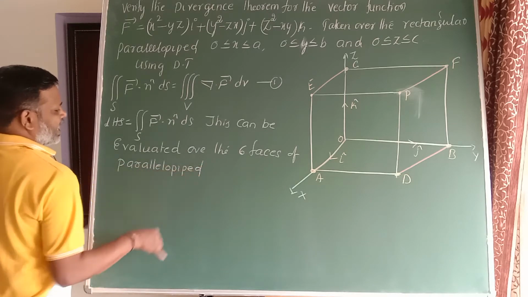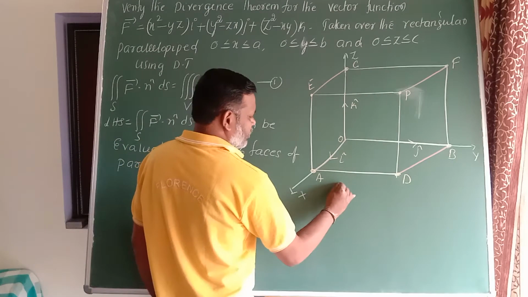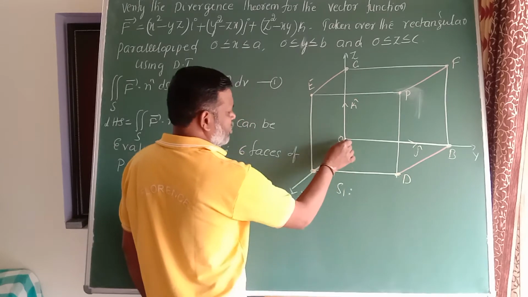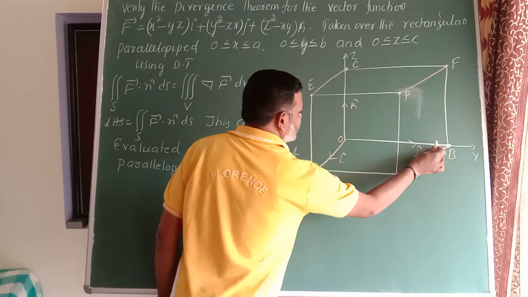I am going to explain what the six faces are here. I can write S1. What is the first face? S1 is OADB. This is the first face.